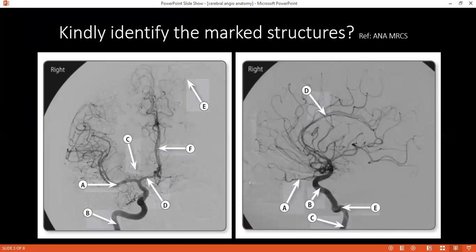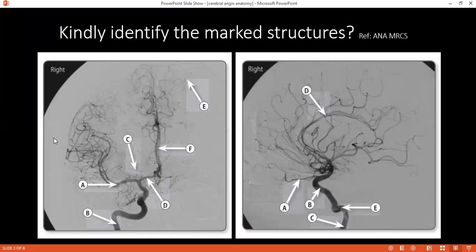Kindly tell me how many branches it gives off and when. In the cervical part, it doesn't give any branches. As it enters the skull, it gives the ophthalmic artery, and later it gives the anterior cerebral artery, middle cerebral artery, and anterior choroidal artery.